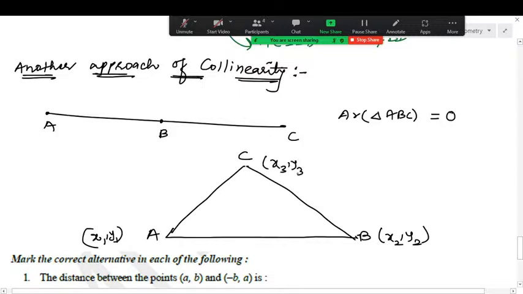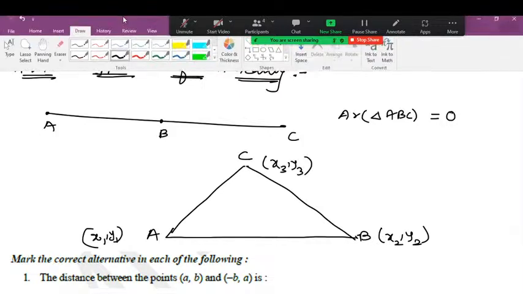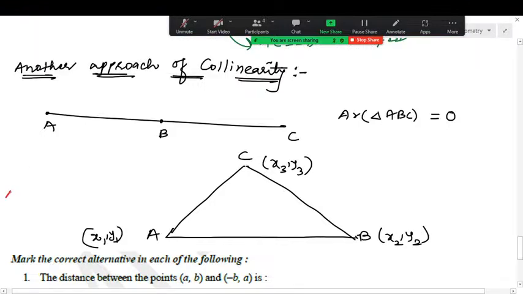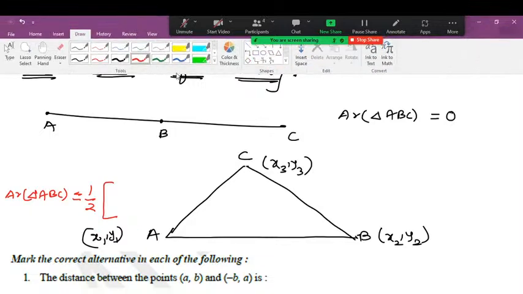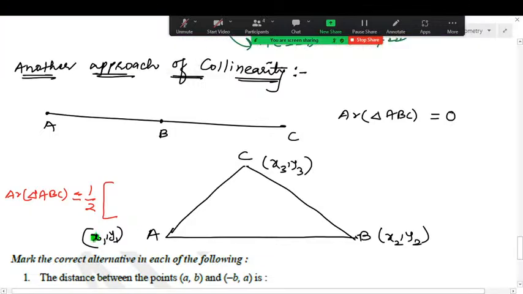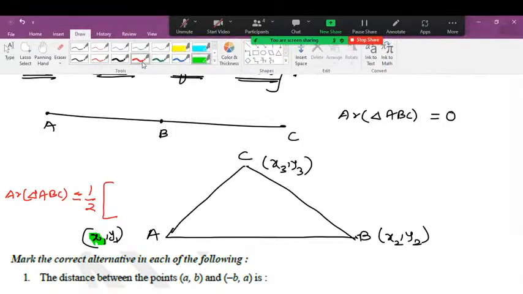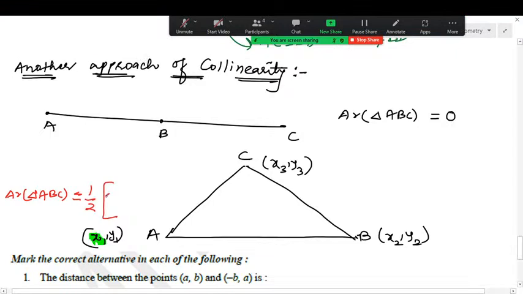I will tell you a trick to remember this area. We remember this area using a very interesting trick. We can even prove this, it's so easy. By the similarity concept we prove it, but now I want you to remember it. First you will consider vertex A and you will take the first coordinate of vertex A. Here the first coordinate is x1.